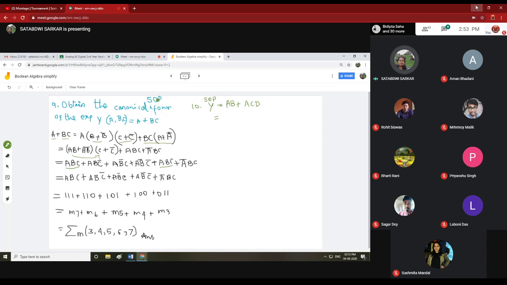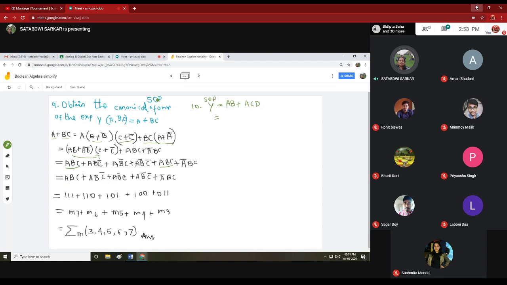into D plus D bar plus ACD into B plus B bar. Okay. Now in the next step, we have to multiply this with C first.